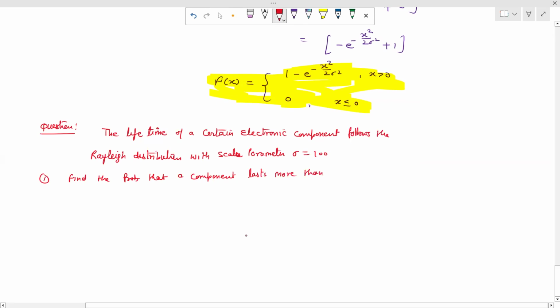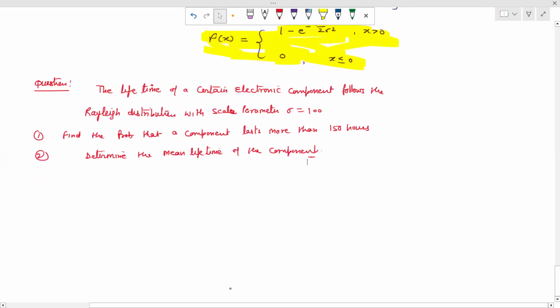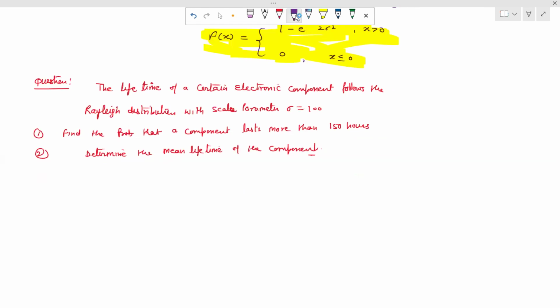Second, determine the mean lifetime of the component. So this is our question. We have already mentioned that it follows the Rayleigh distribution, so we solve the question by using the Rayleigh distribution.